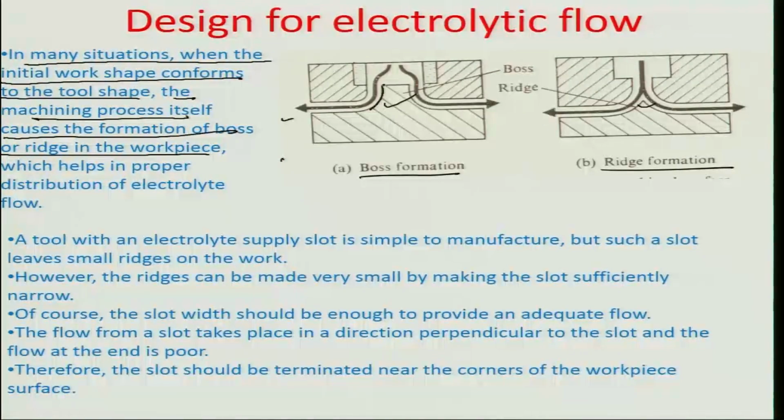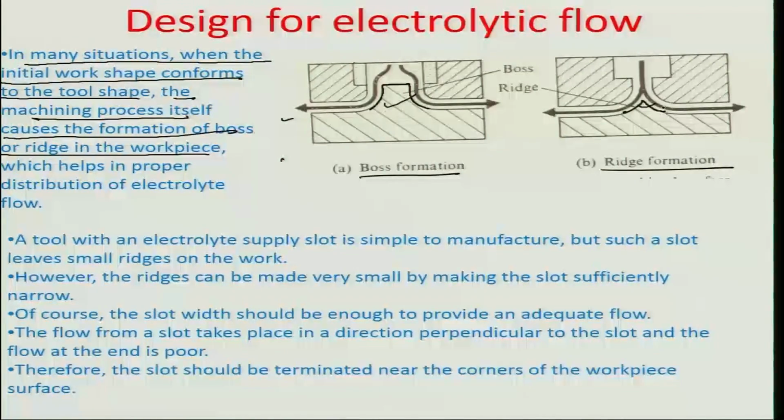Boss is a projected structure from an otherwise flat surface, as you can see, or maybe some kind of a ridging effect like this, and this is because a sudden flow separation causes a zone and a region where there is a sudden starvation of the electrolyte.